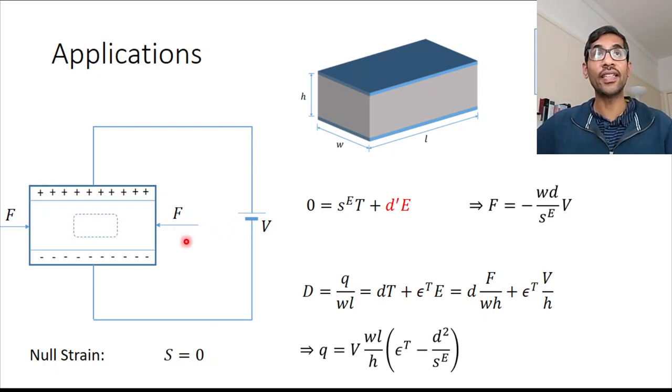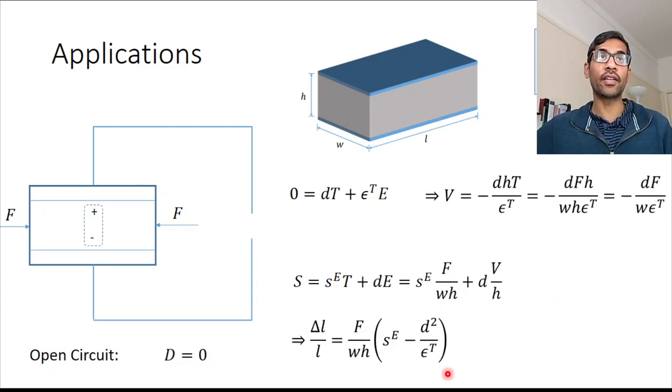Okay, and in that case we can actually calculate the charge that will develop across this piezoelectric crystal, and we can see that charge is going to be proportional to the voltage that is being applied and the different constants here.